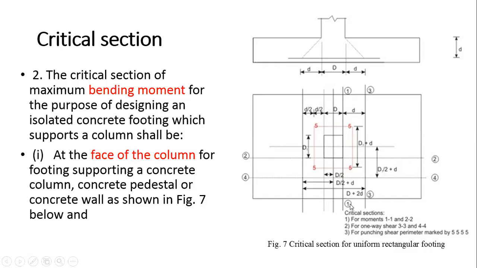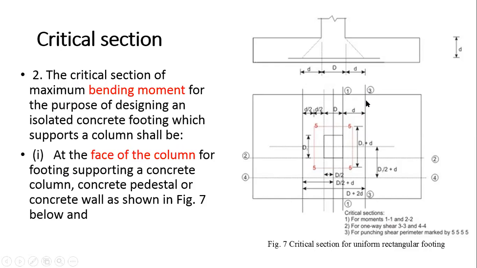Clear? Now the critical section for bending moment for the purpose of designing an isolated concrete footing which supports a column shall be at the face of the column. So the critical section for bending moment will be at the face of the column here as well as here. Now one more thing.